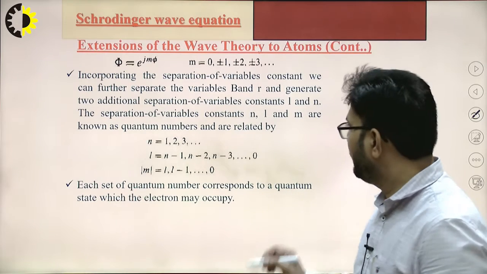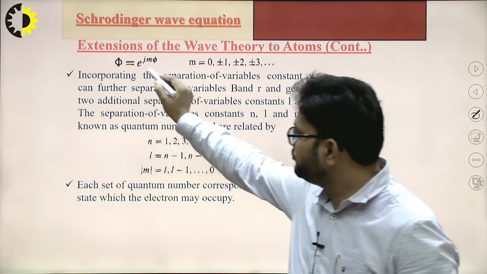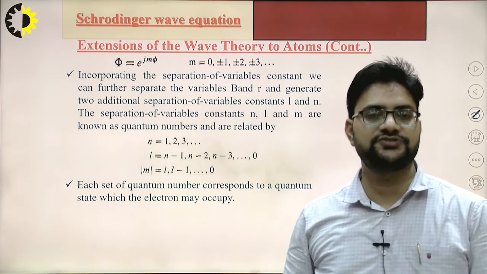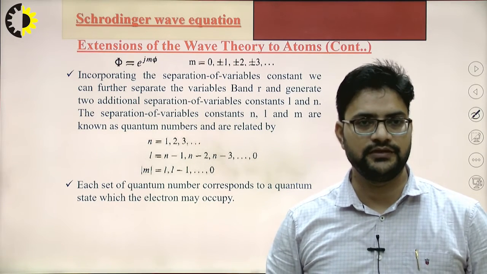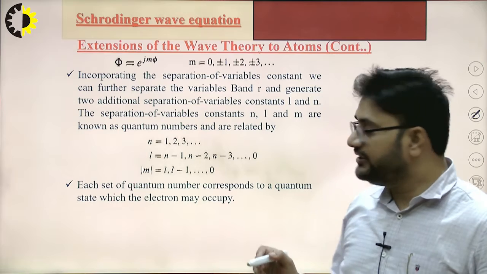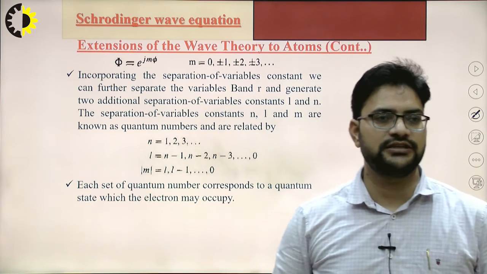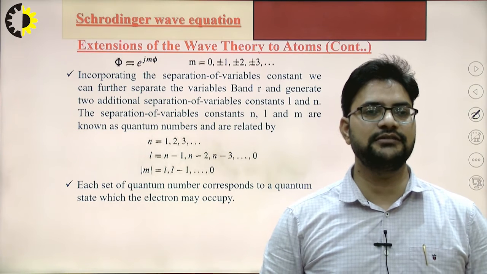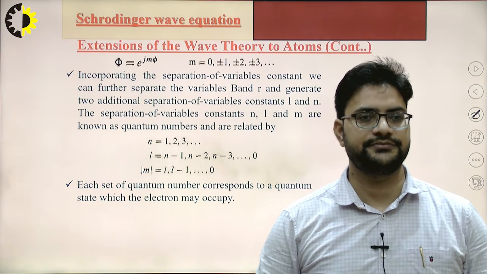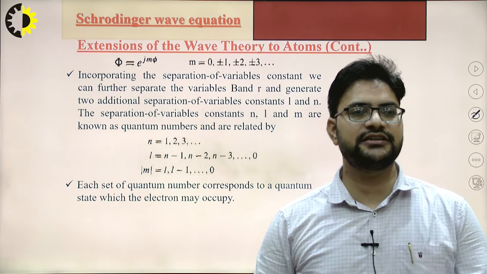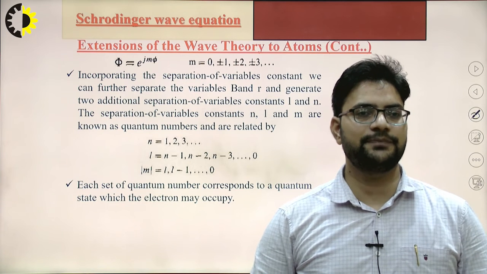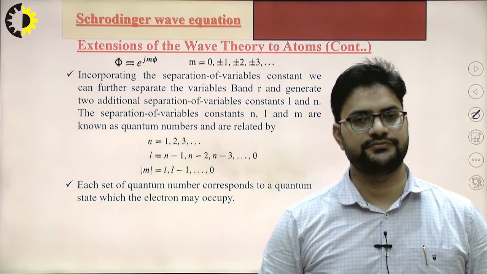Now we have the expression for this phi term, that is e raised to power j m phi, right? If we incorporate the separation of variable constant, we can further separate the variables r and theta, and generate the two additional separation of variable constants, from 1 to n.